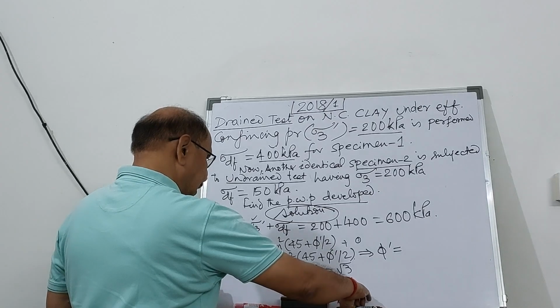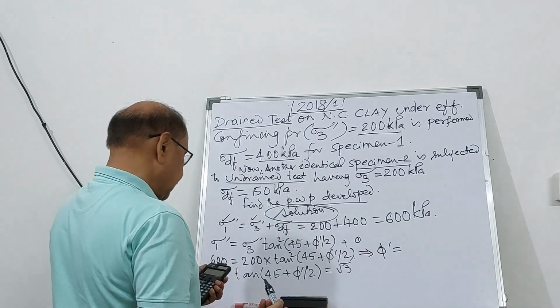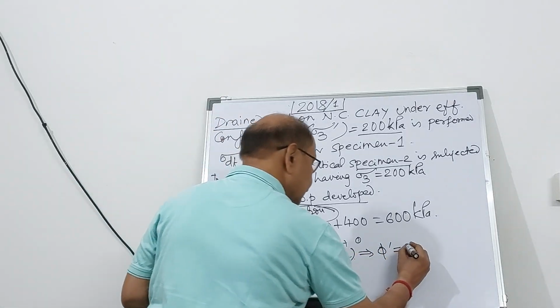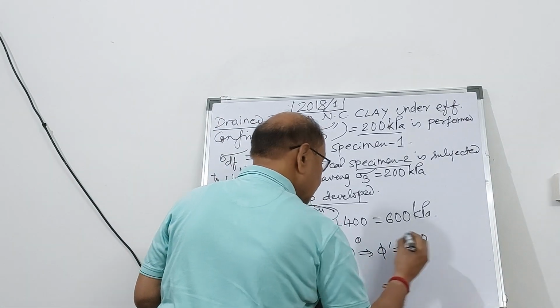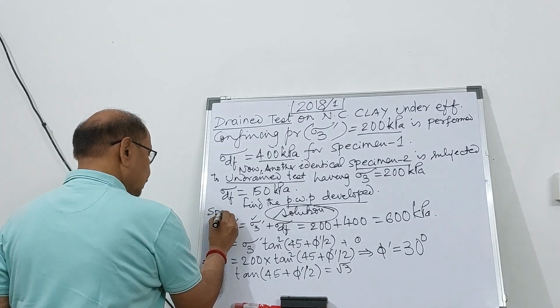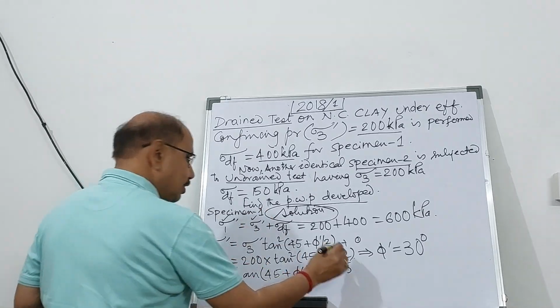So phi prime is easily calculated as 15 multiplied by 2, that is 30 degree. So from specimen 1, you got this result.